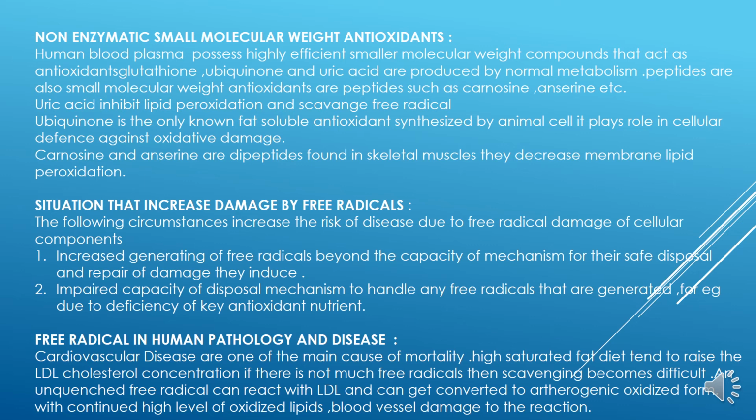Ubiquinone is the only fat soluble antioxidant synthesized by animal cells. It plays a role in cellular defense against oxidative damage. Carnosine and arginine are dipeptides found in skeletal muscles that decrease membrane lipid peroxidation.